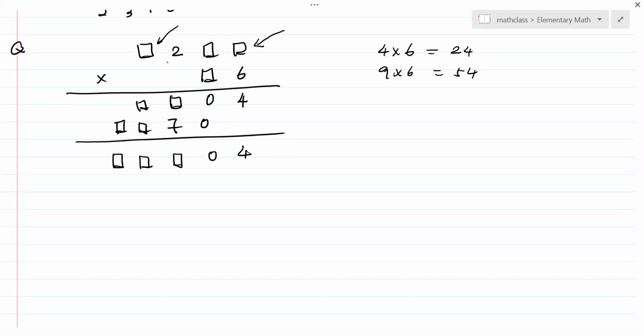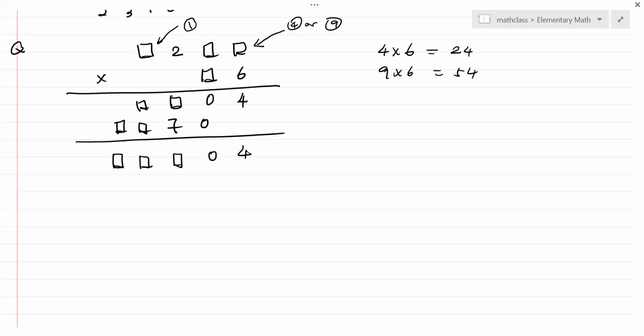If it's 2, times 6 is 12, so you get 10,000 something instead, right? So this number must be 1, okay? This number could be 4 or 9. So then you have to figure out whether it's 4 or 9, okay?